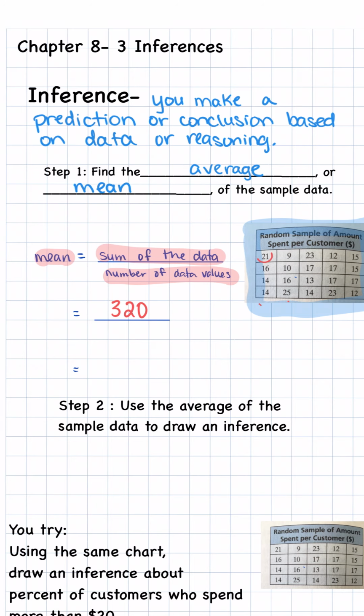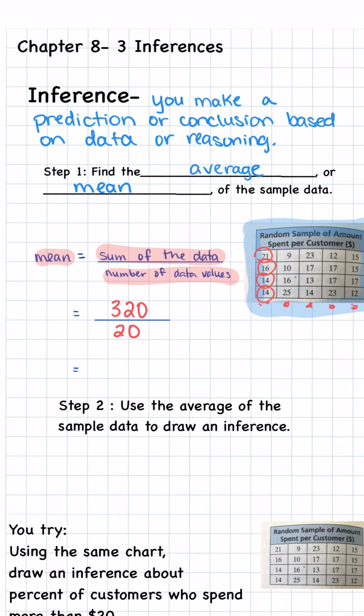And there are 4 times 1, 2, 3, 4, 5. So write 4, 8, 12, 16, 20. There are 20 samples. The number of the data values is 20.